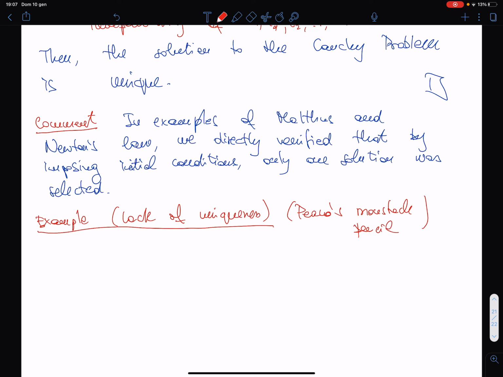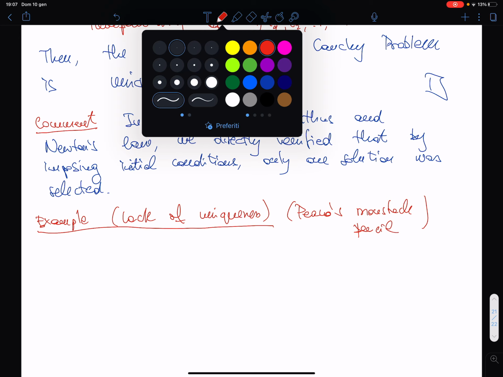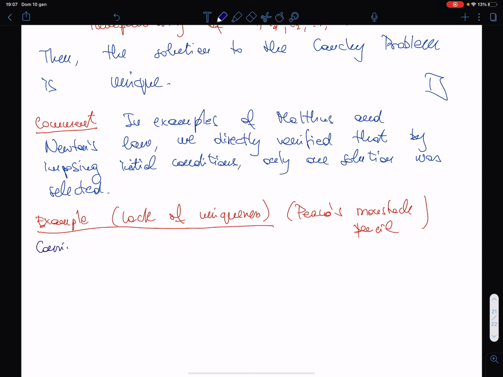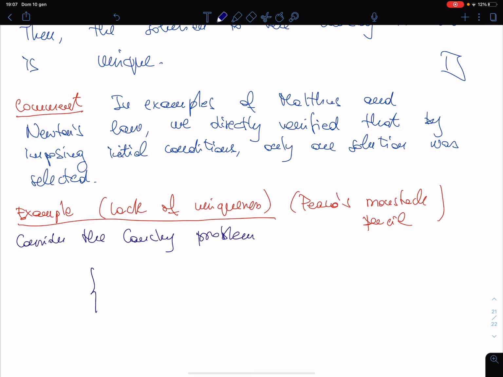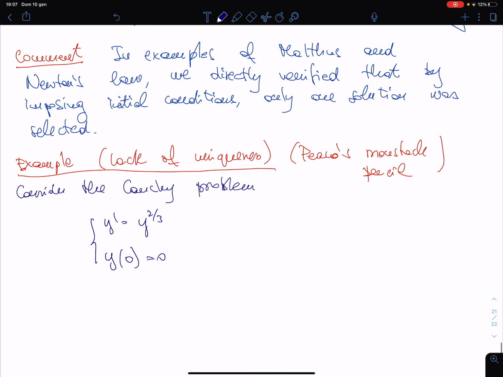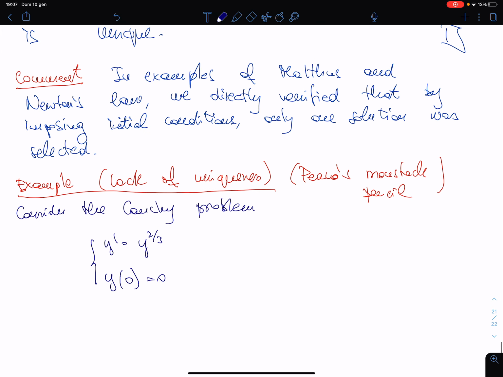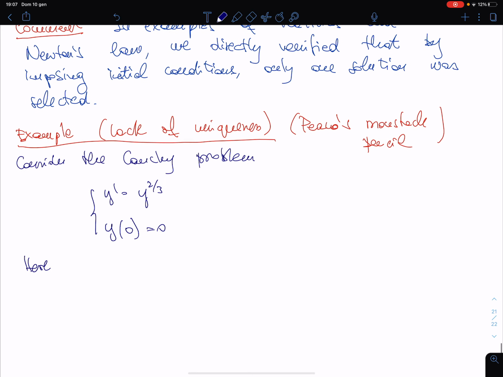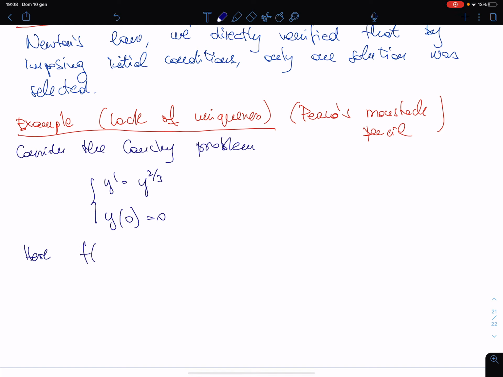And this is the Cauchy problem we are considering. So consider the Cauchy problem as follows. y prime is equal to y to the power 2/3, y of 0 is equal to 0. So notice that this is of the type we showed before, and f of y is equal to y to the power 2/3.